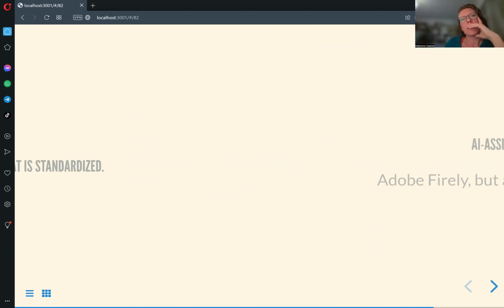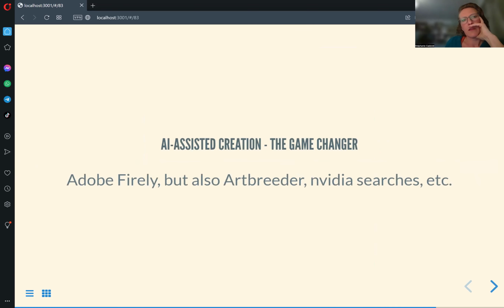What could change the game is AI-assisted creation. That is, you sketch, you use AI for a bit of what you are drawing, you sketch again, you use AI. That's what Firefly is promising to do, and that would be a real tool for creators.